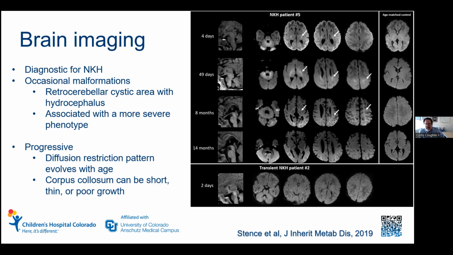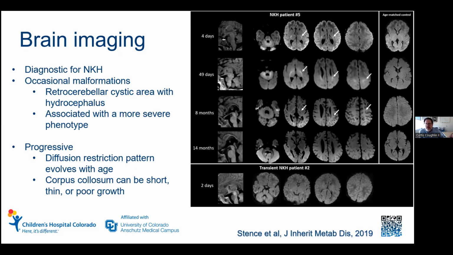Also, something that was really interesting and important from this paper is that there really did seem to be some progression in this disease over time, which I think highlights the possibility that this is a progressive disease, and that maybe intervening in some way with some therapy early still has the opportunity to change the trajectory of this disorder.